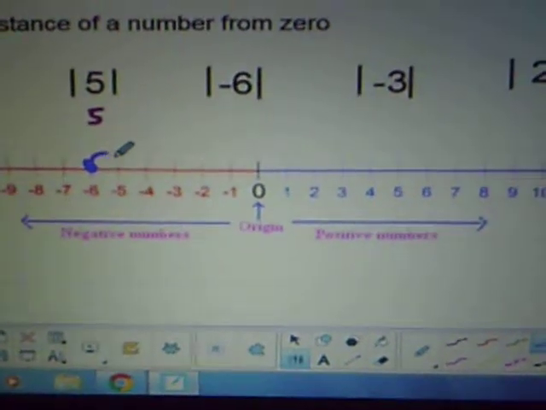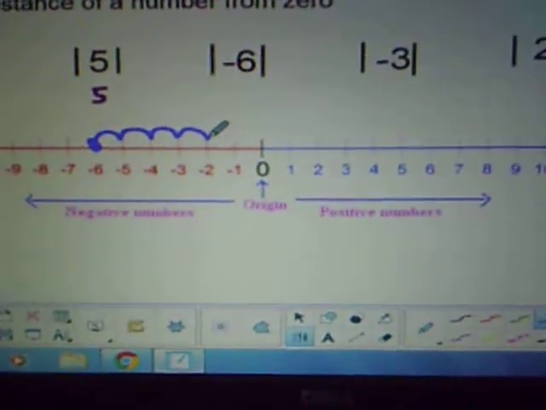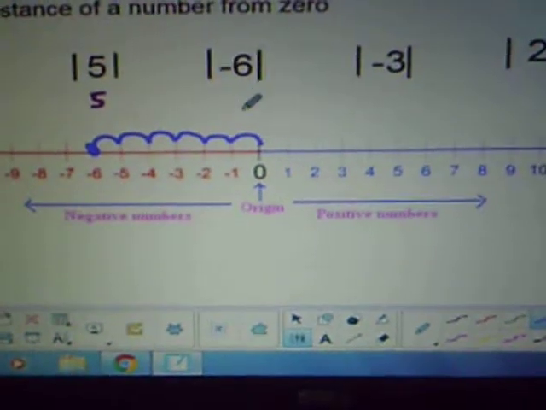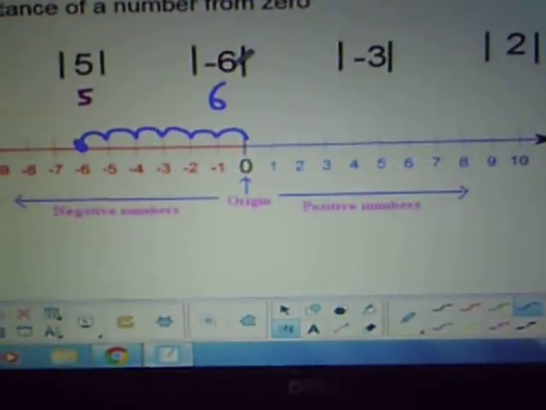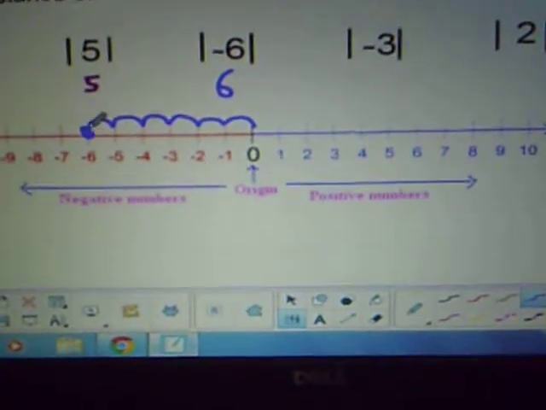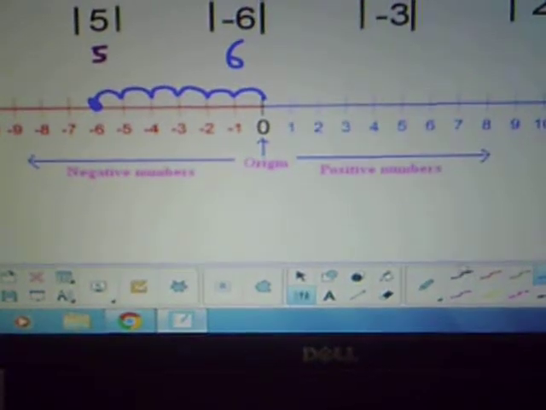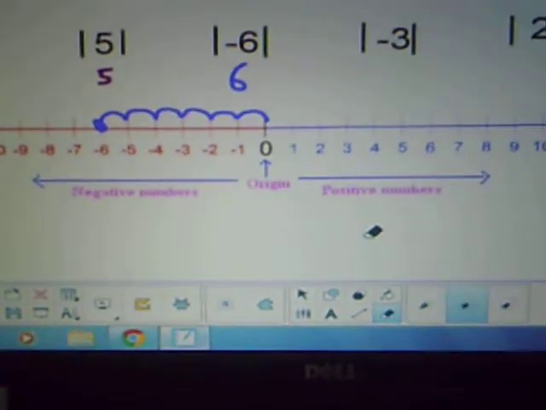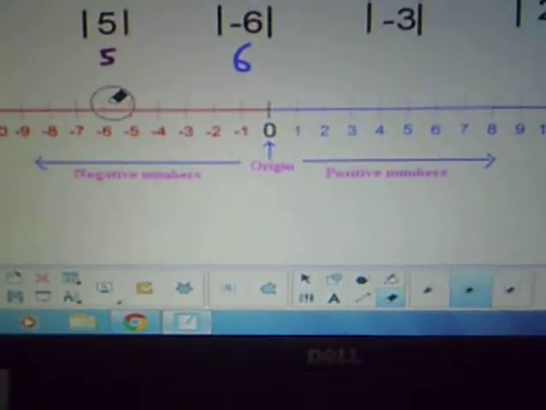Well, 1, 2, 3, 4, 5, 6 spaces. So negative 6, even though it's on the negative side, is still just 6 spaces away from 0. So we can say that the absolute value of negative 6 is 6 spaces away.